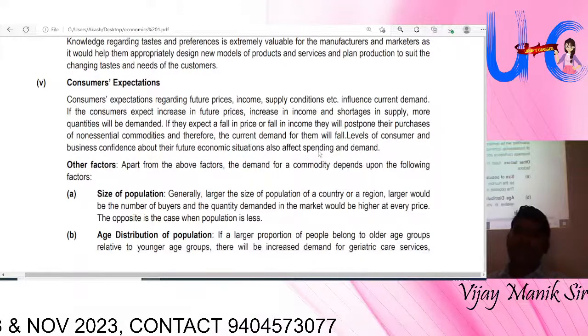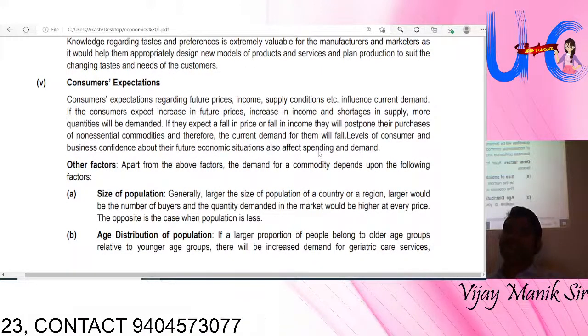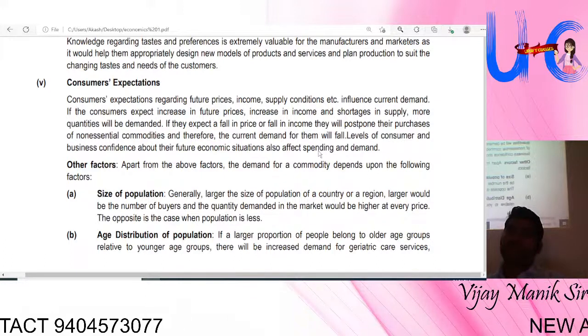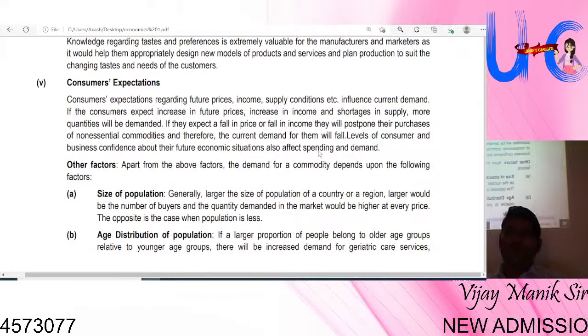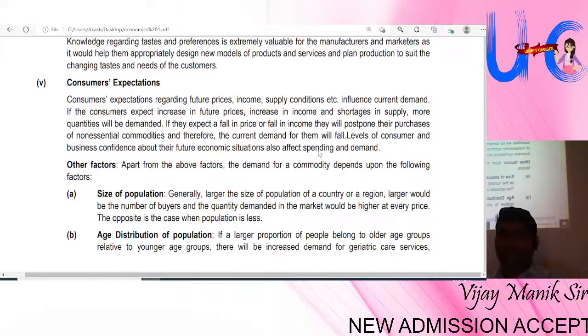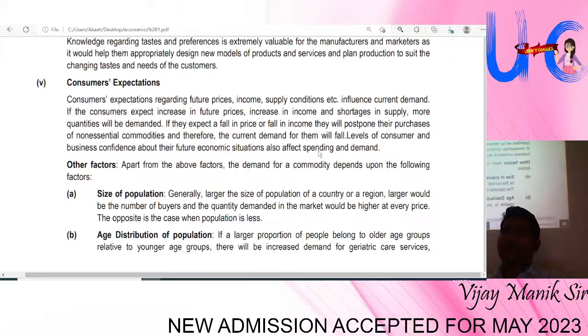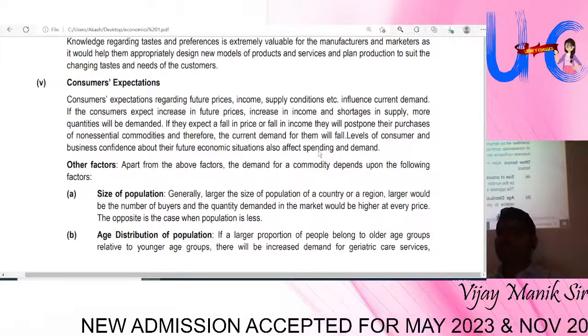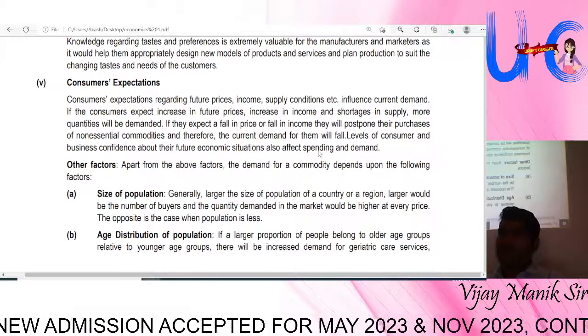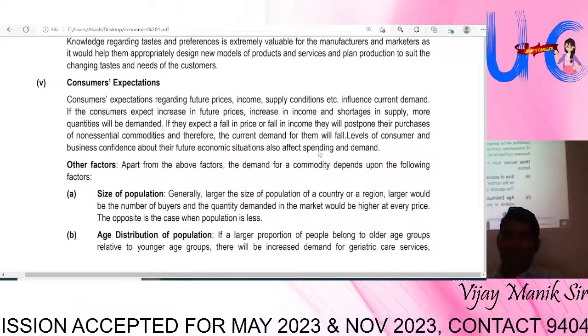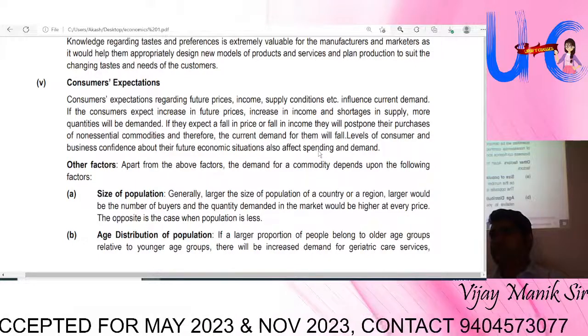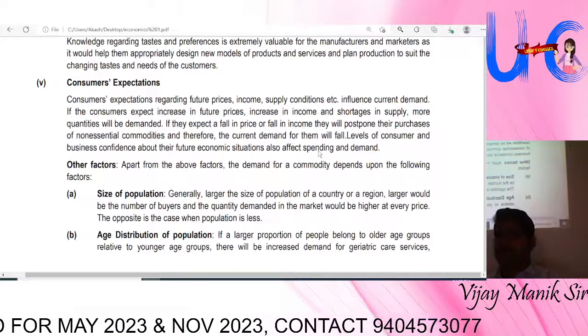Which kind of expectations are there with consumers? They always want low price, first preference. They will give more price if the quality is the best. So this expectation should be fulfilled by the producers.